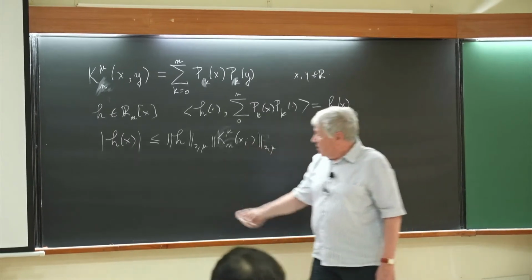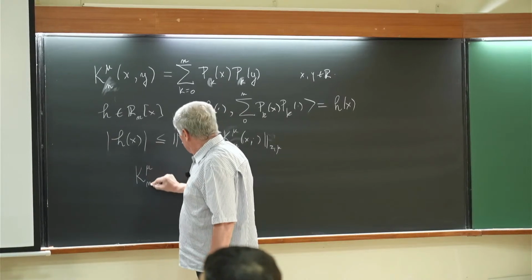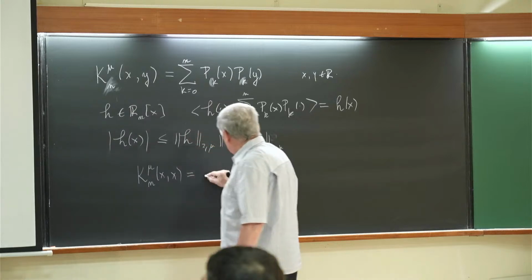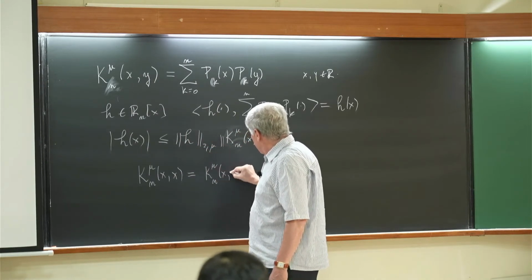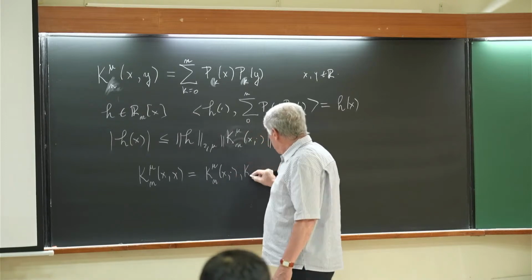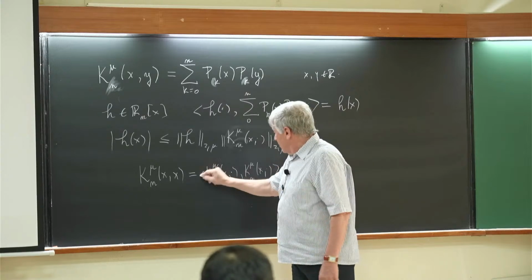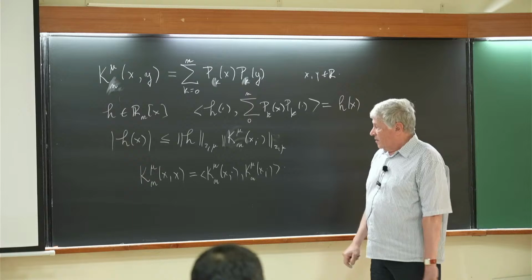And if we do this, we remark immediately from the reproducing property that this is the norm square.